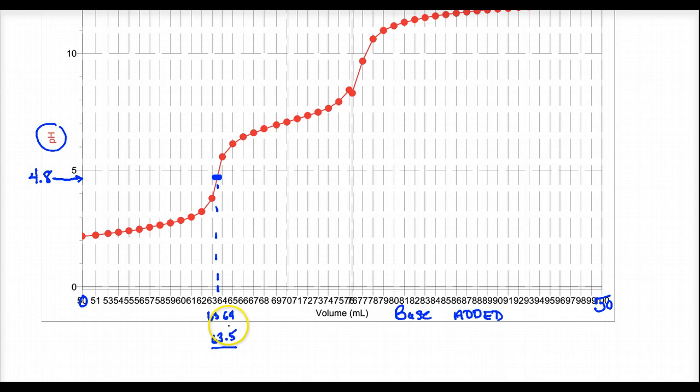So essentially, I'm subtracting 50, and that gives me 13.5. So 13.5 milliliters is an important number because that tells me that at this volume of base added, which was 0.10 molar, I have reached the equivalence point, at least the first equivalence point.